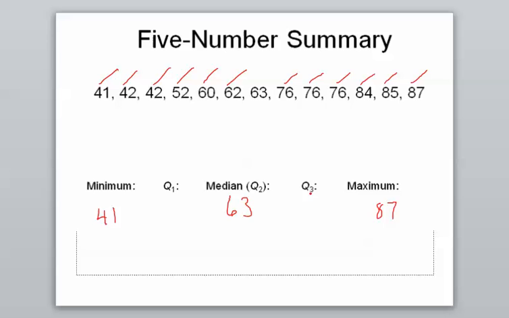What we're going to do is look at the numbers that are left and find the middle point of them. So watch this. I'm going to mark off a low and a high, a low and a high, and I'm left with these two numbers here. I add them together and divide by 2, and I get 47 as my Q1.